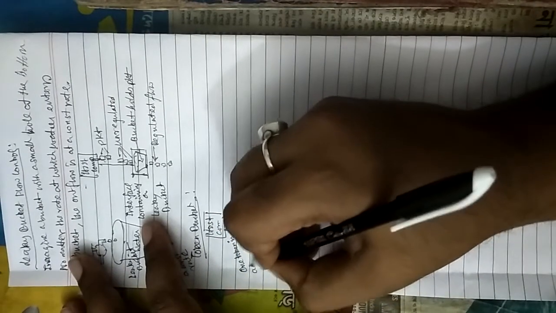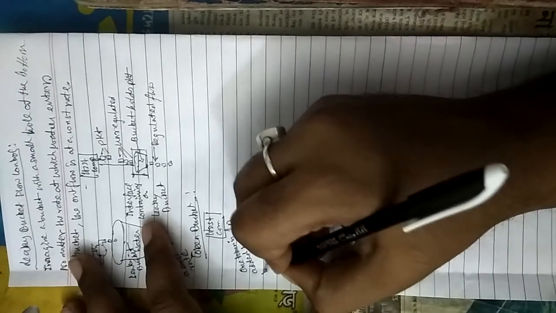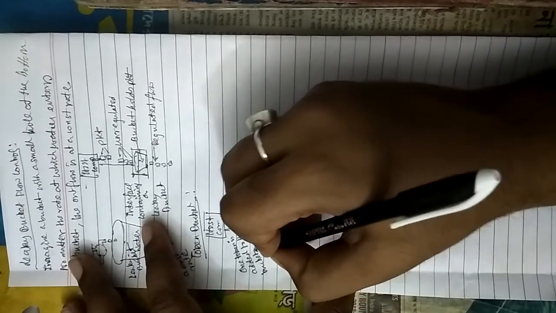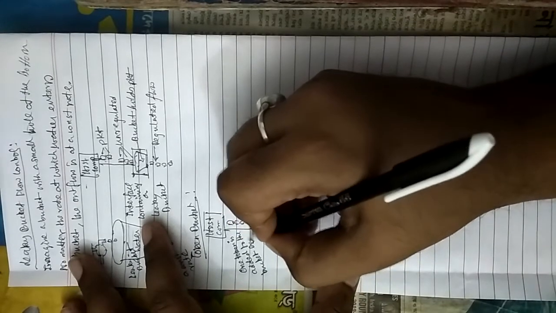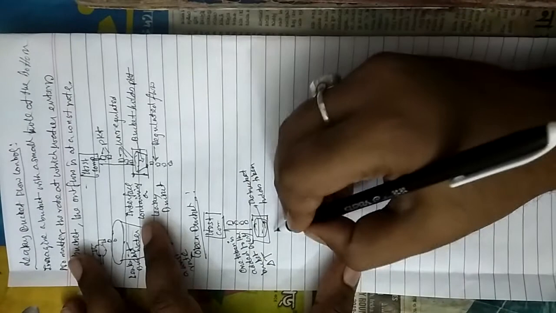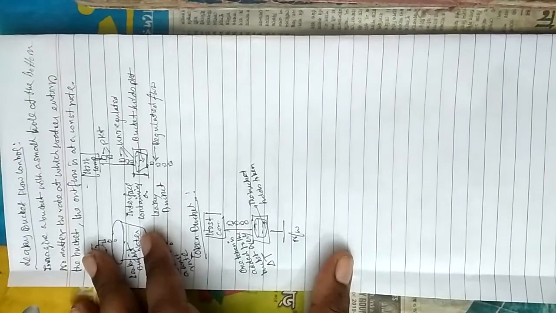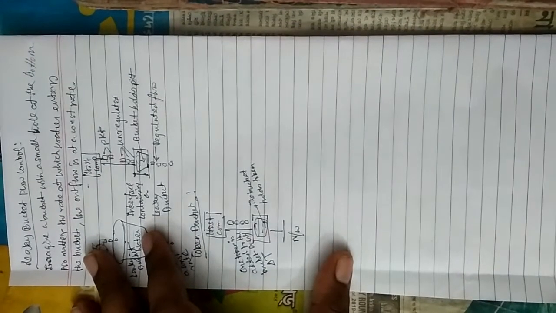One token is added to the bucket every delta t. Okay, and this is your network. So the token bucket algorithm allows saving up to a maximum bucket size n, but can't ensure a uniform data rate.